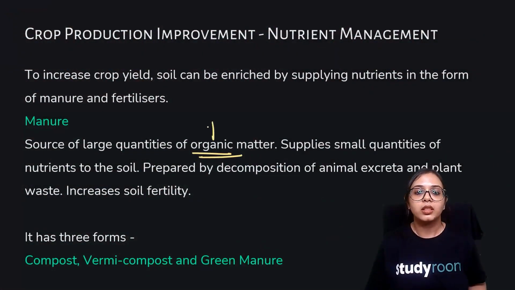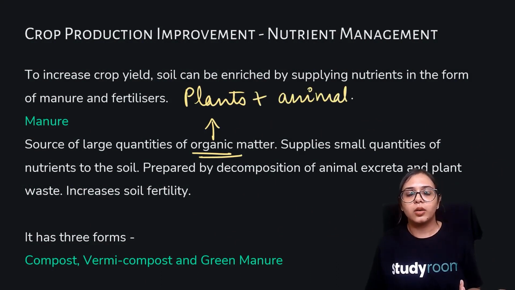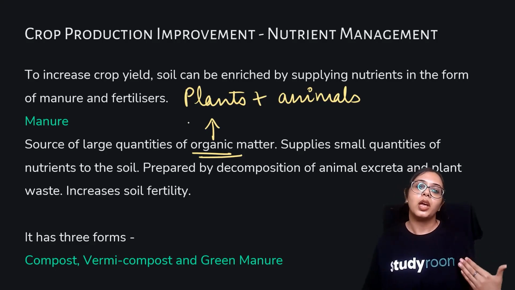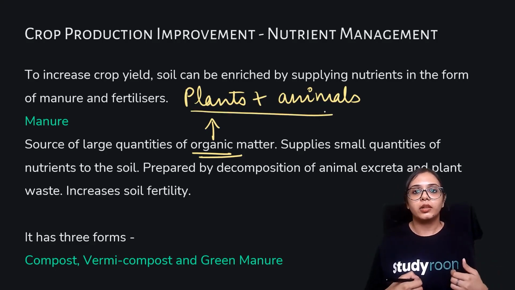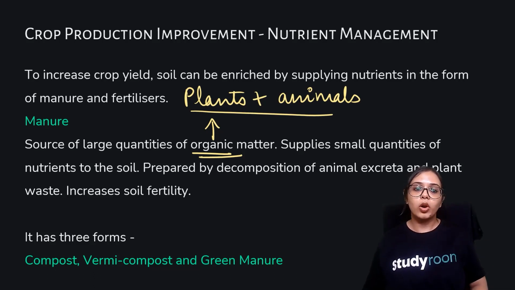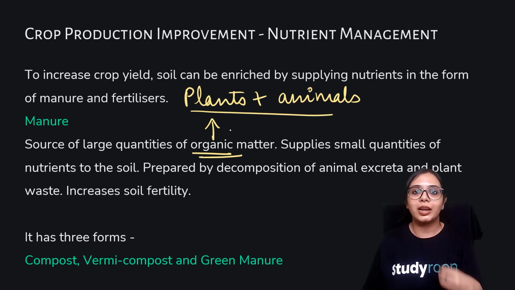Organic matter means the fertilizing quality, the nutrients, are derived from plants as well as animals and other organisms that are decomposing and increasing the fertility of the soil. So they supply small quantities of nutrients to the soil because they are derived from these remains. They are not getting them directly.